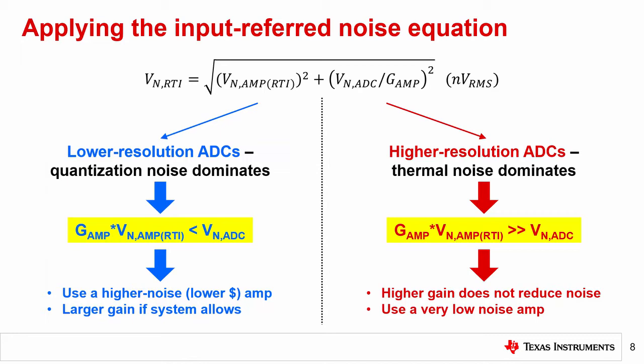Each time you reduce the full scale range by 2, the quantization noise reduces by a factor of 2 as well. But the ADC noise remains above the level of the amplifier noise, such that the condition on the left is true. Therefore, you could use a higher noise amplifier or a larger gain to help reduce noise further compared to the ADC by itself.